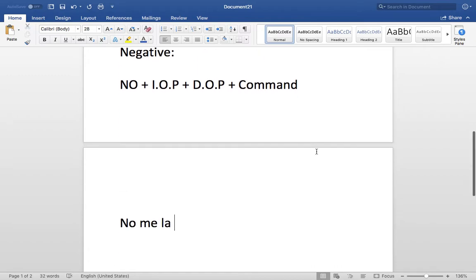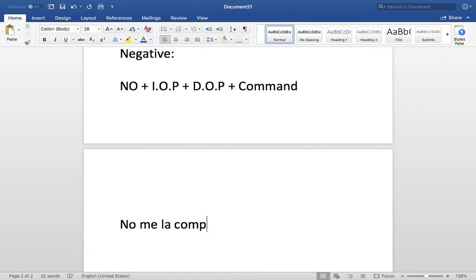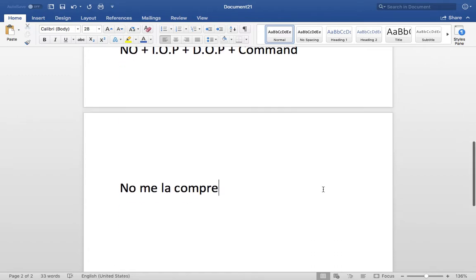Comprar. All right, that's the command for comprar for the usted form. No la compre. That's equal to do not buy it. Okay? Again, do not buy it for me.